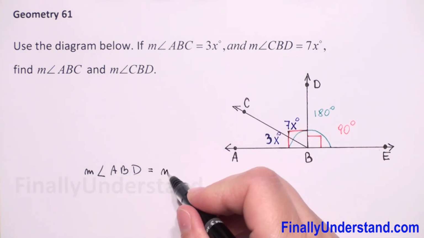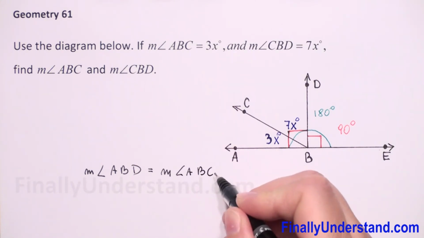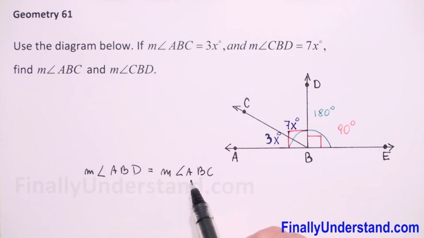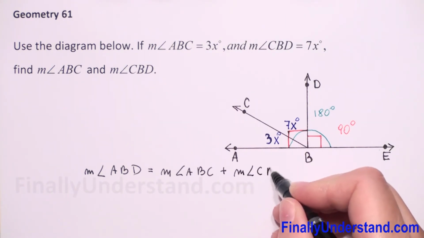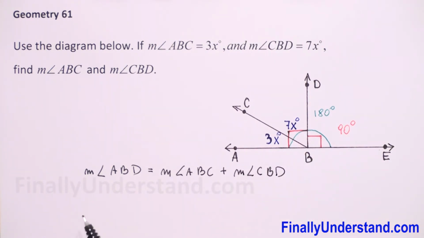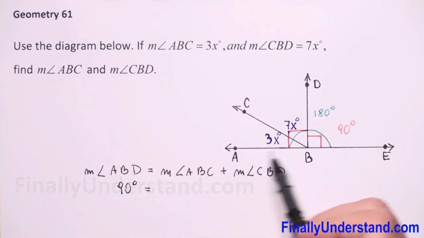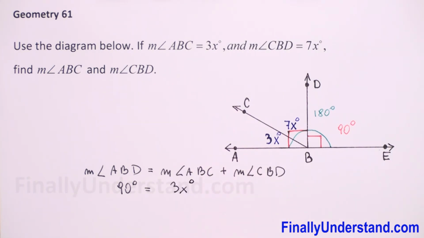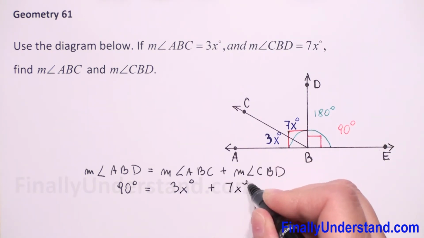So the measure of angle ABD is equal to the measure of angle ABC plus the measure of angle CBD. Now we can substitute: the measure of angle ABD is 90 degrees, and the measure of angle ABC is given by this expression, 3x degrees, plus the measure of angle CBD, 7x degrees.